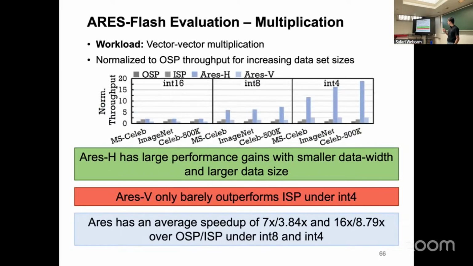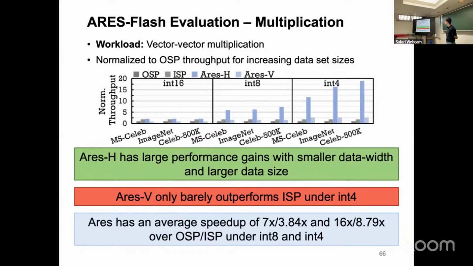Now for the multiplication, they used vector-vector multiplication, and again, the normalized to out-of-storage throughput. So RSH matches the performance of in-storage processing for 16-bit integers, and for 4-bit integers, it's quite good.